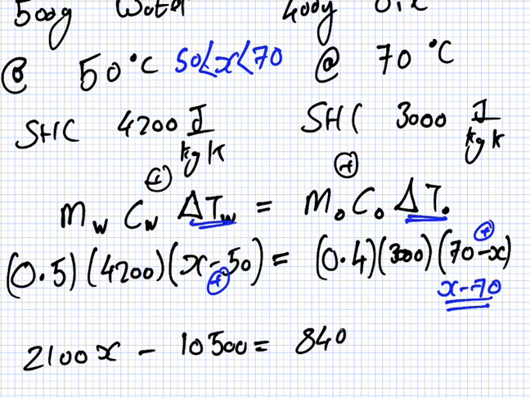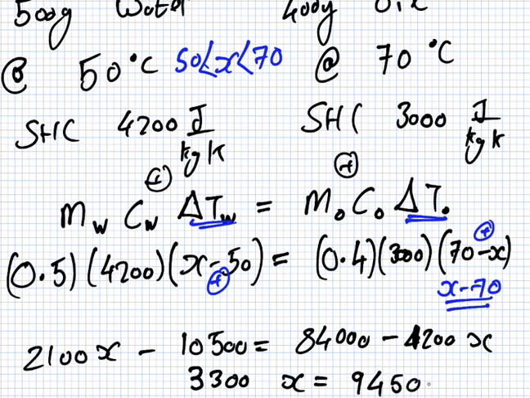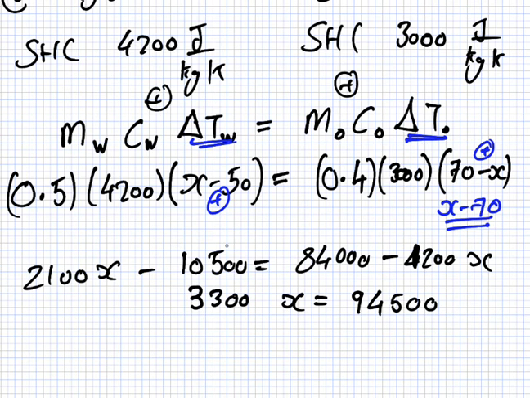Okay, next. What's the last one here? 1,200. Okay. So we get 3,300x equals 94,500 plus 105,000. Did I add those two numbers correctly? Yes.